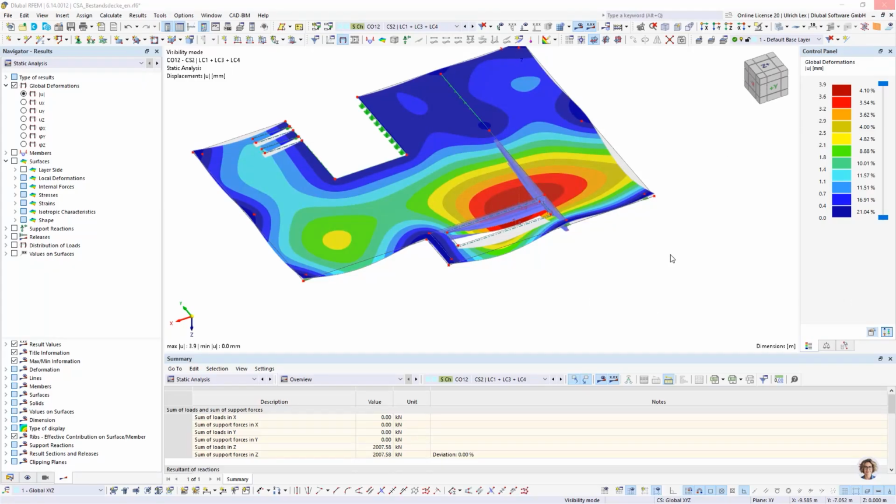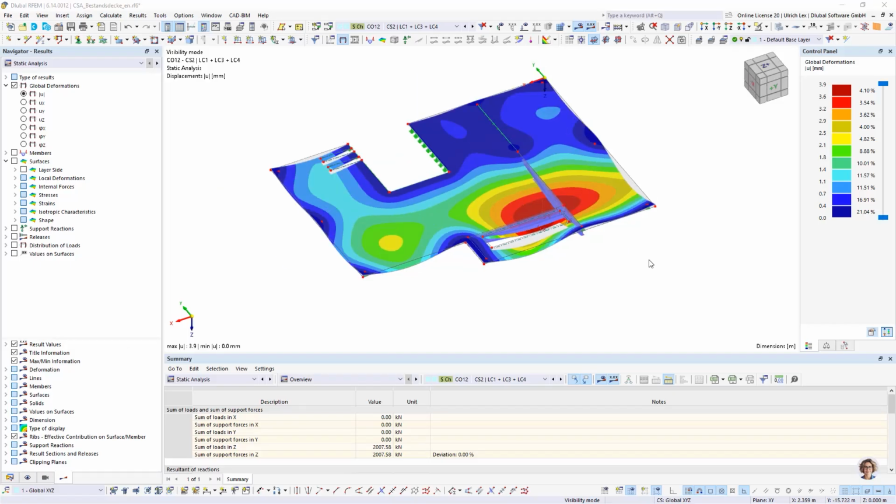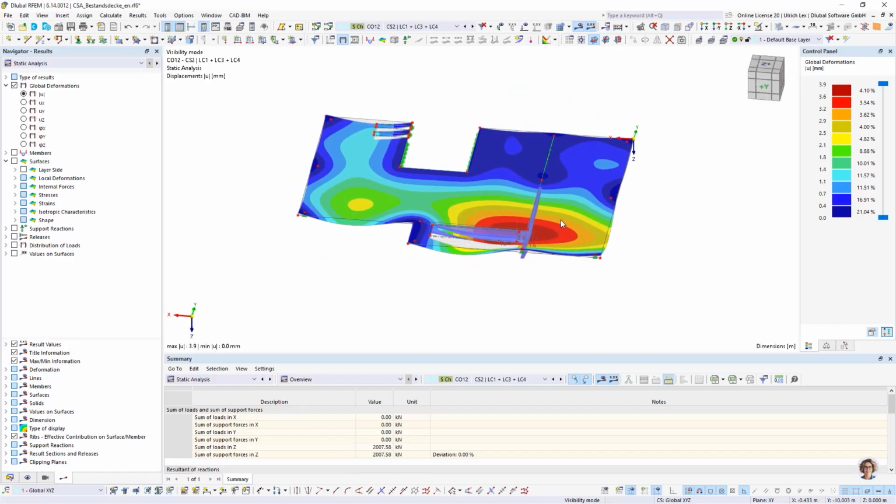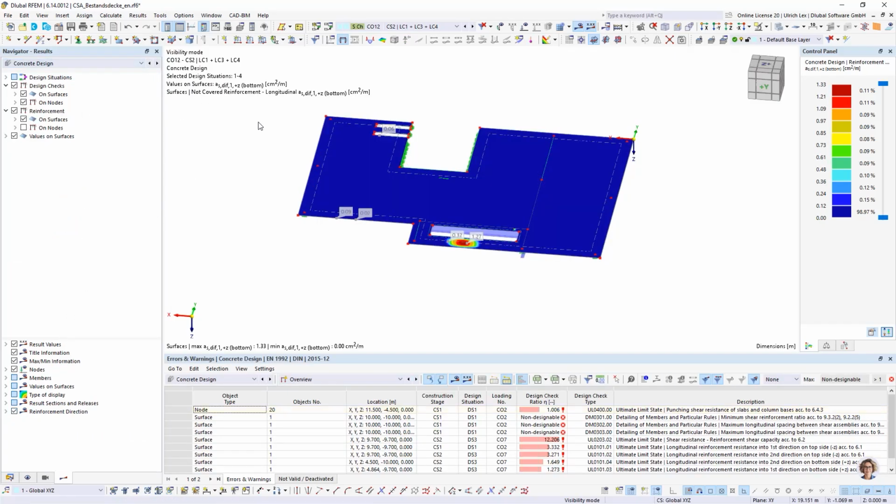For my case, where I defined my reinforcement before, I can check now directly the results of the concrete calculation. And here I can decide which results I want to see.